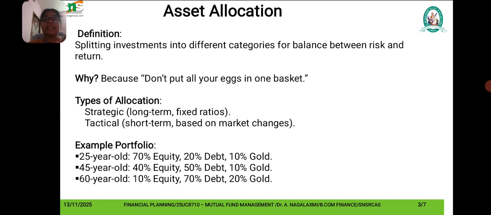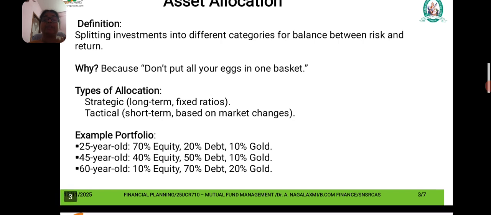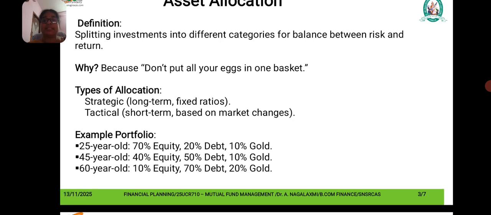They have given some examples for asset allocation for different ages. If it is a 25 year old, 70% in equity, 20% in debt and 10% in gold. If it is a 45 year old person, 40% equity, 50% debt and 10% in gold.